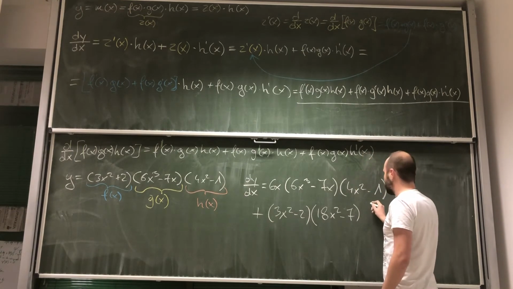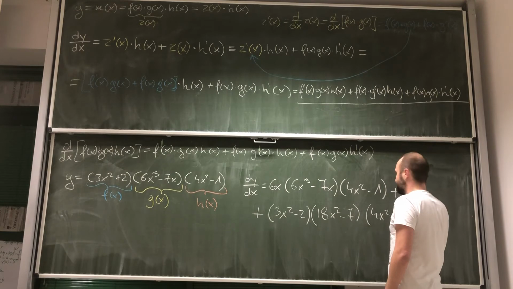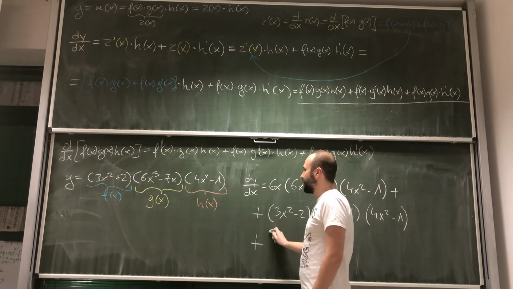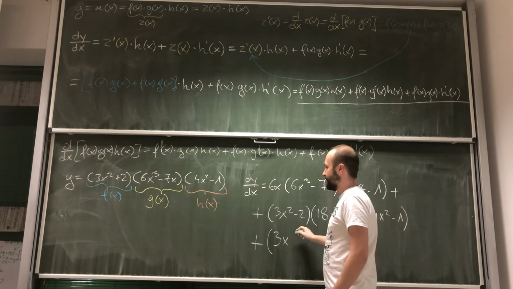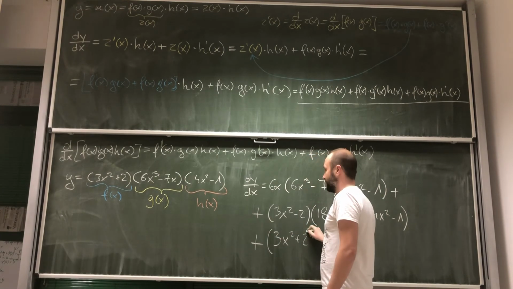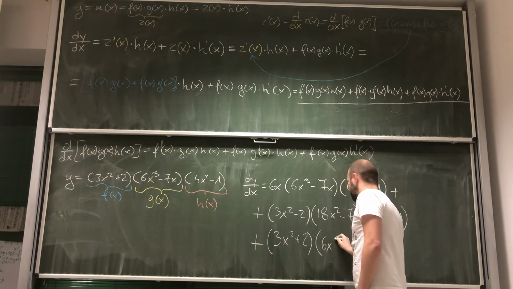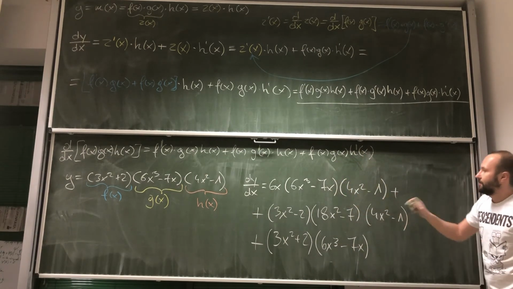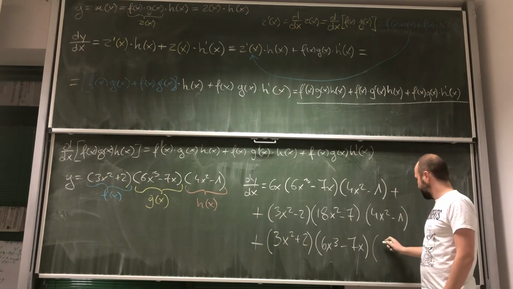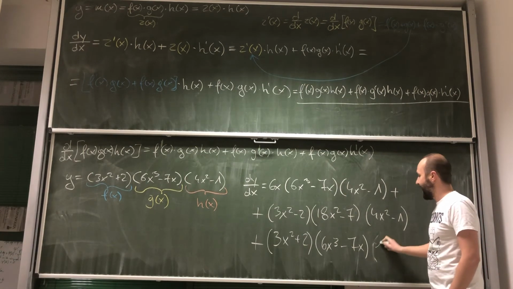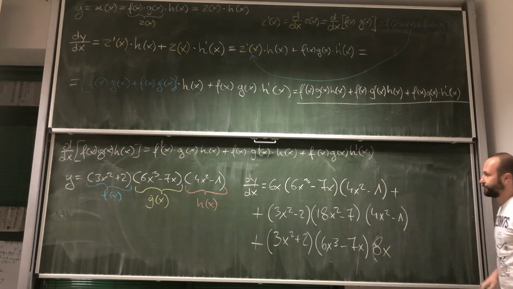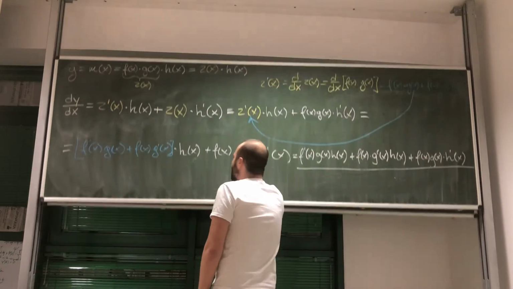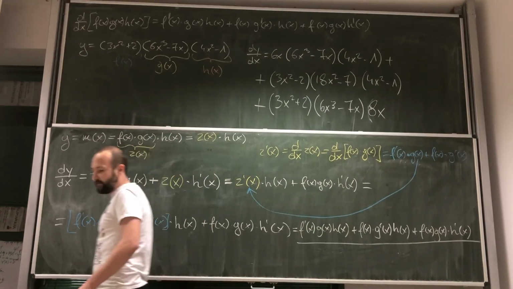And we rewrite this third expression. And finally, we rewrite the first two expressions, and we differentiate the last one. So we've got that this is just 8x. Okay, simple enough.